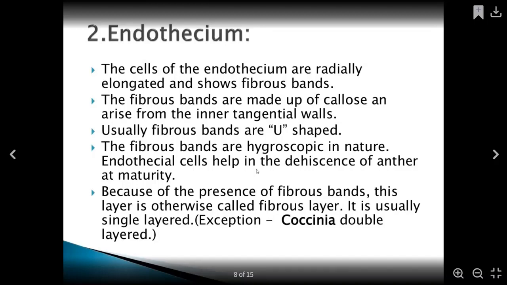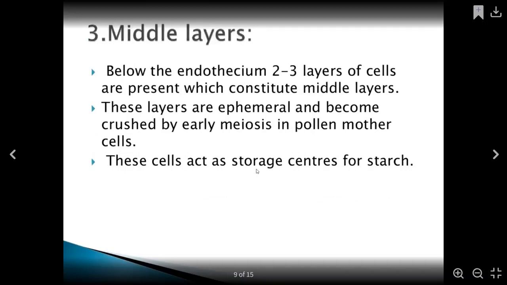Because of the presence of fibrous bands, this layer is also called the fibrous layer. It is usually a single layer, with the exception of Coccinia, which has a double layer. In almost the majority of plants, the fibrous layer is a single layer.